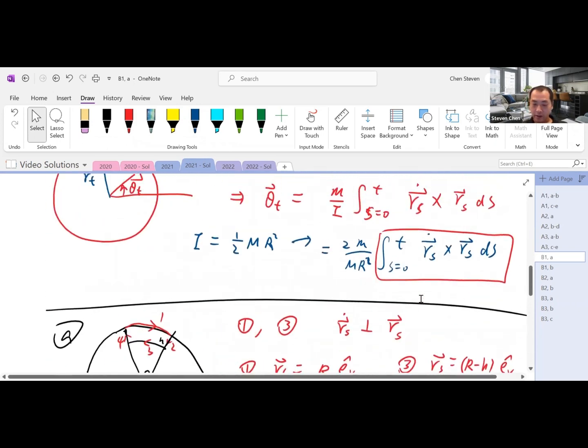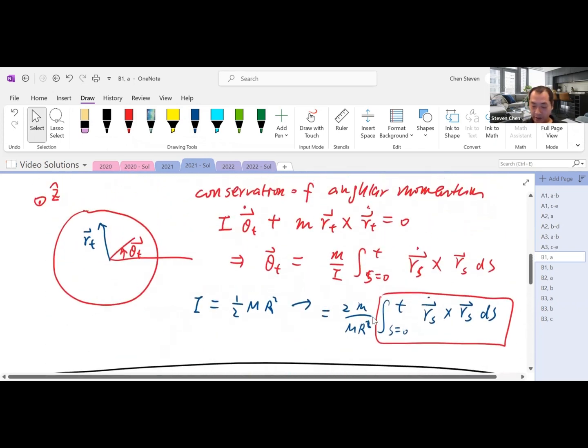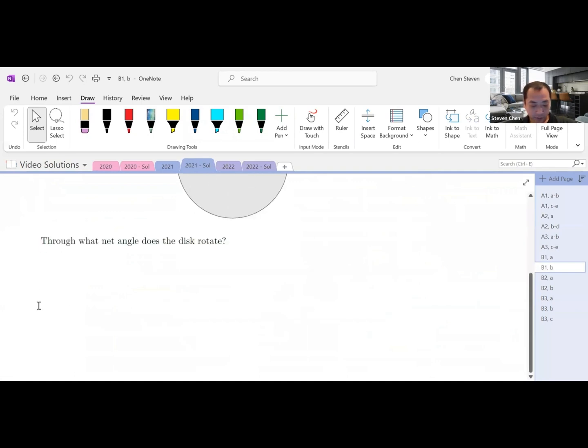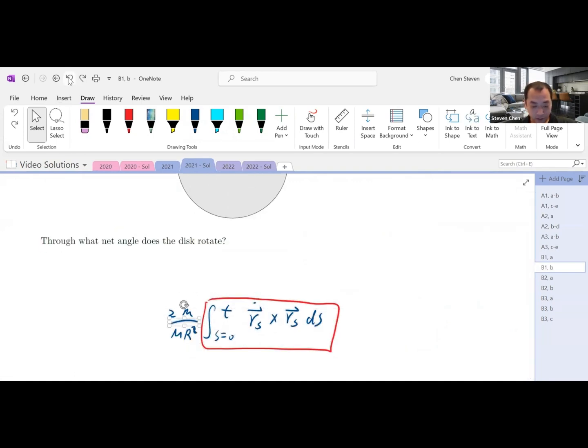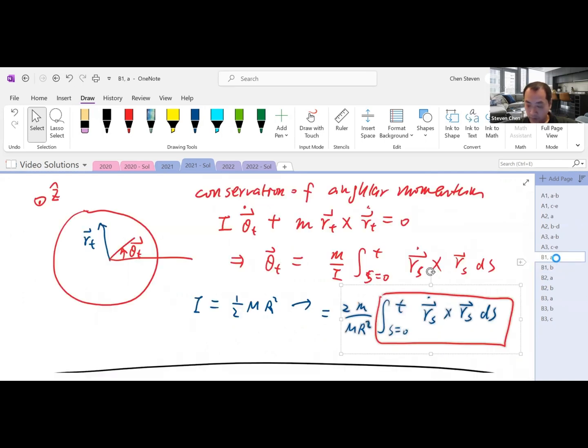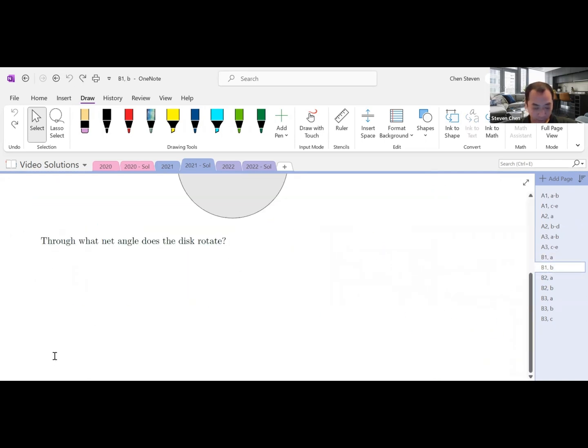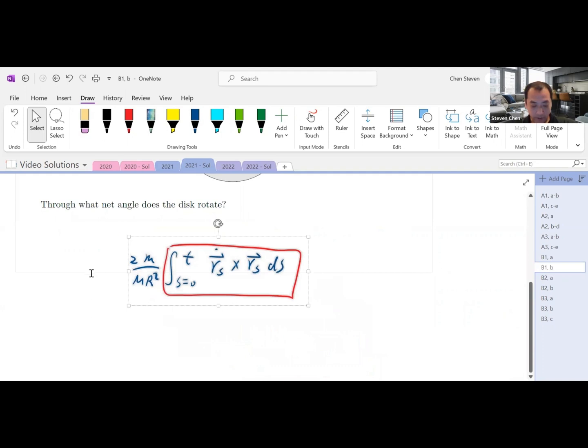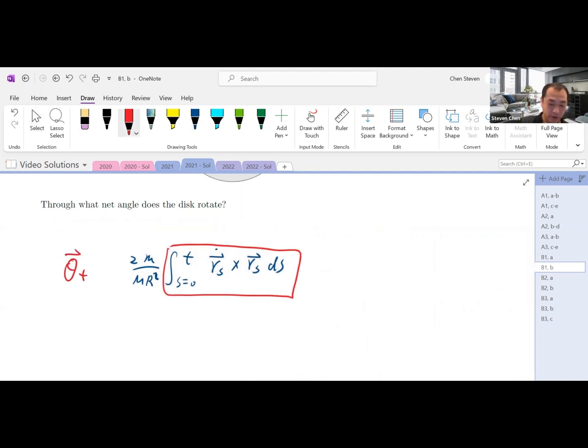All right, then let's apply this general formula to solve part B. We call this the disk's total angular displacement.